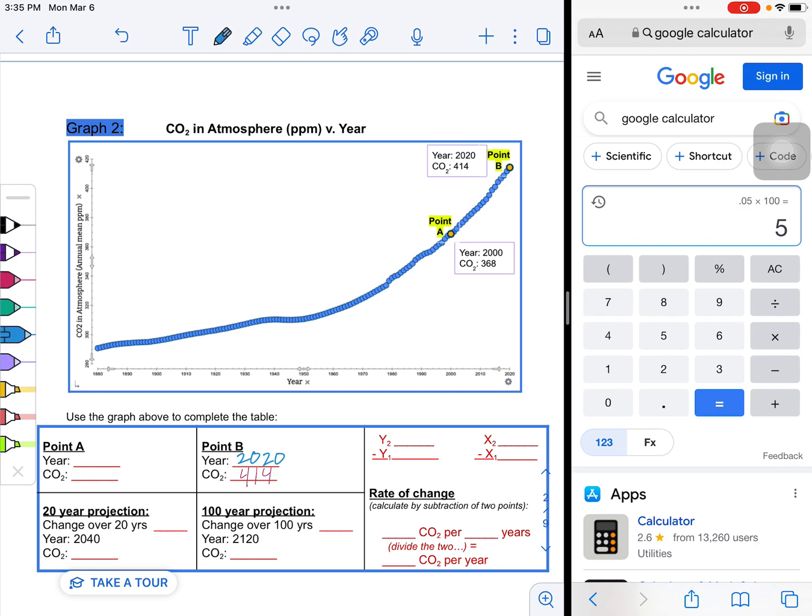Point A is looking at the year 2000, carbon emissions of 368. So again, I've got my x-axis down here, that's my years. My y-axis over here, that's my carbon.